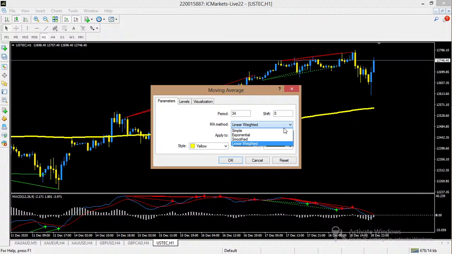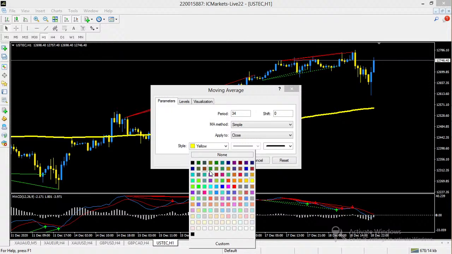Set the method to simple. Then you apply close. I'd like to change the color to blue.